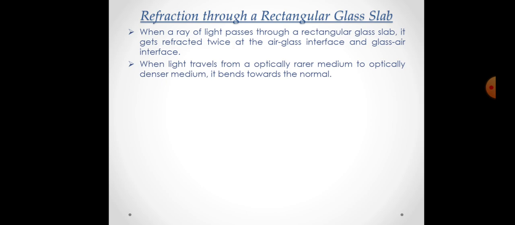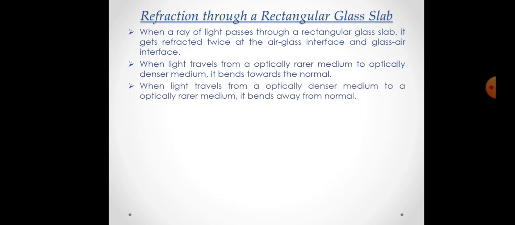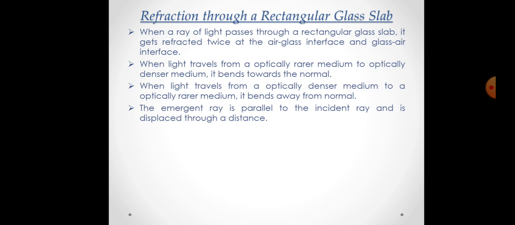So when light travels from a rarer medium to a denser medium, it bends towards the normal, and when light travels from an optically denser medium to an optically rarer medium, it bends away from the normal. Also, the emergent ray is parallel to the incident ray and is displaced through a distance.